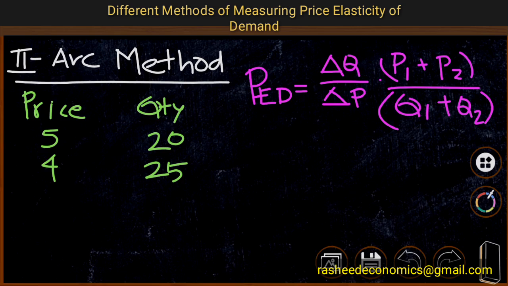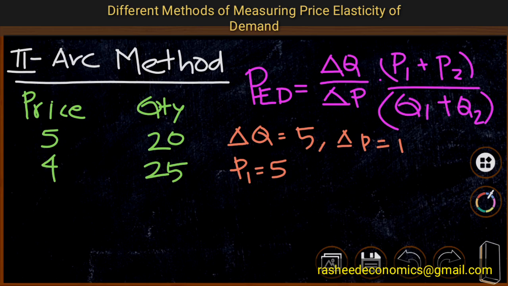Here delta Q, that is change in quantity, is equal to 5, that is 20 to 25, and delta P is equal to 1. Similarly, initial price P1 is equal to 5 and P2 is equal to 4, Q1 is equal to 20 and Q2 is equal to 25.